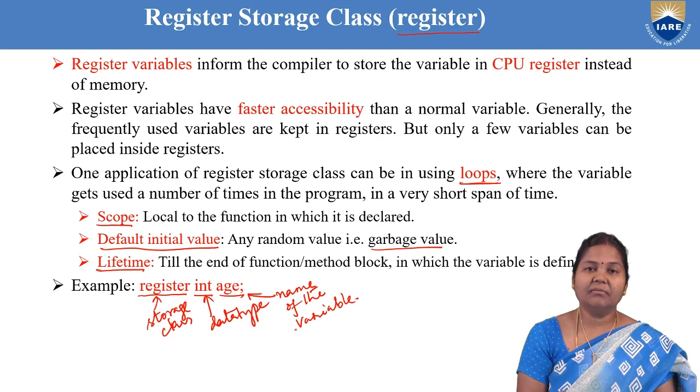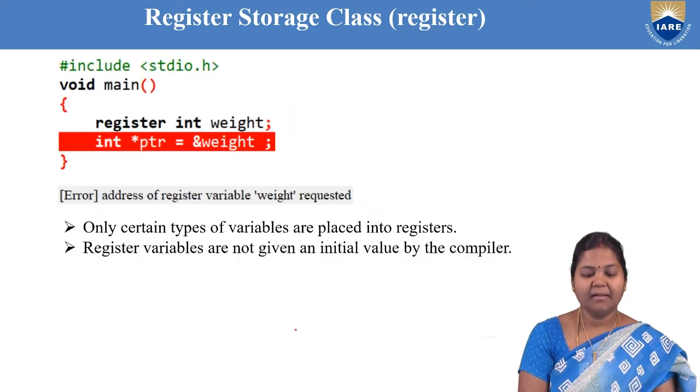It is just a convention that we are asking to store our variable in a CPU register. If space is available, then the OS will decide whether the variable will go to the CPU register or not. If space is not available, it is treated as automatic storage class type. But for a programmer, there is no way to identify whether it is really in a CPU register or in main memory.